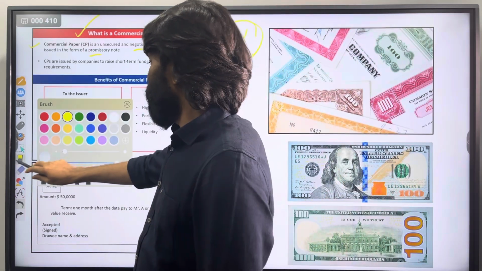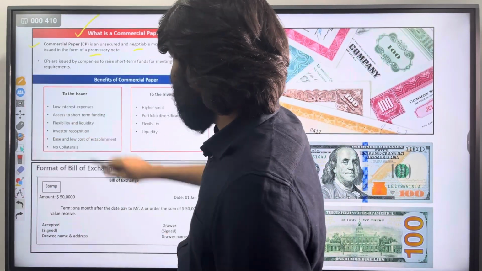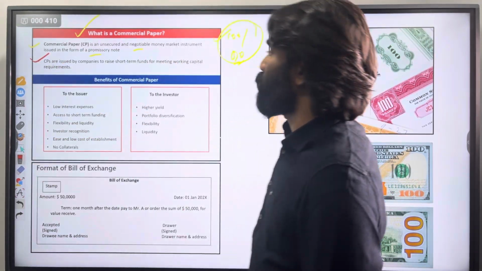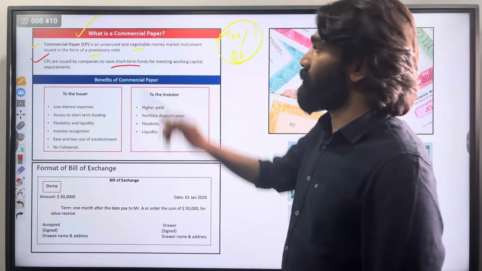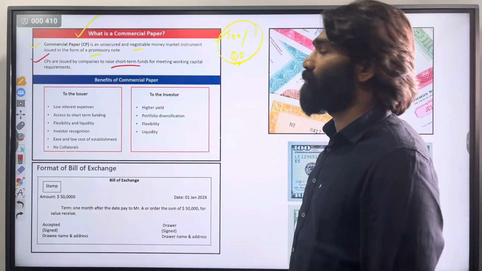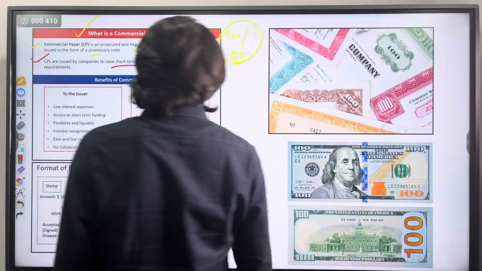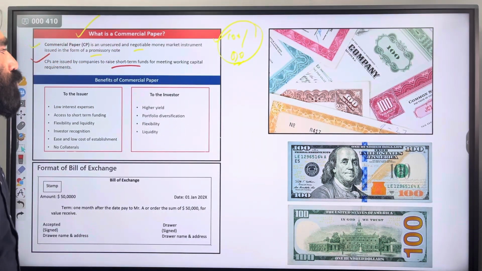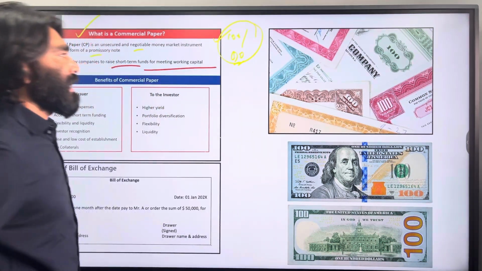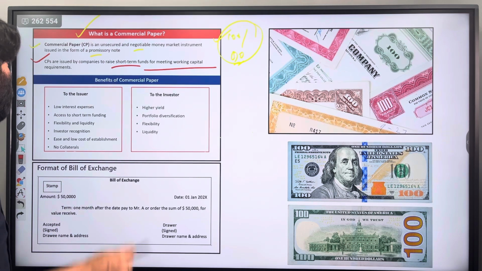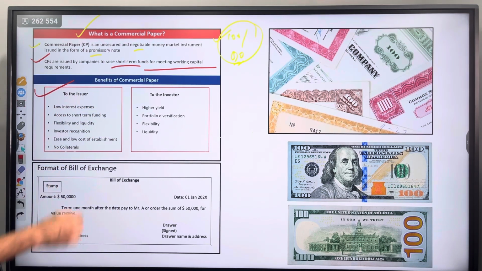CPs are issued by companies to raise short-term debt. Commercial paper is part of short-term financial instruments, and it helps companies meet their short-term capital requirement. Why do issuers issue them?